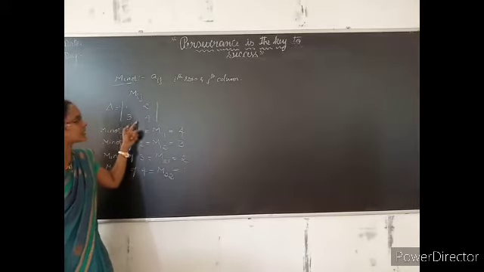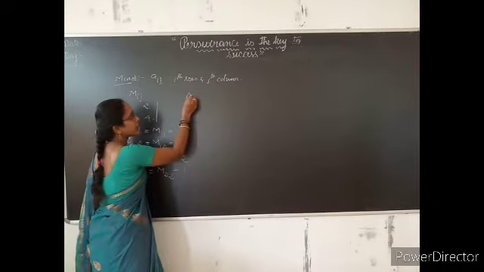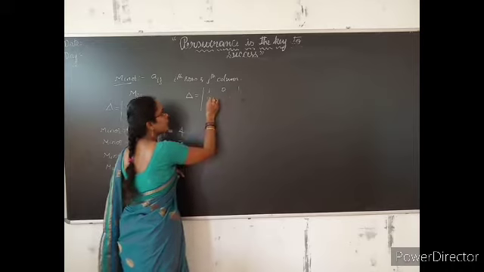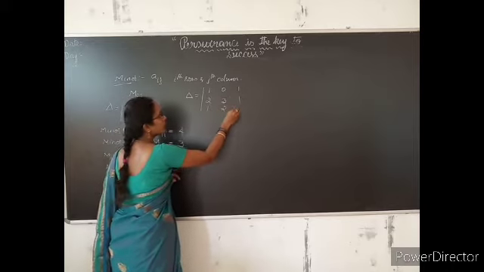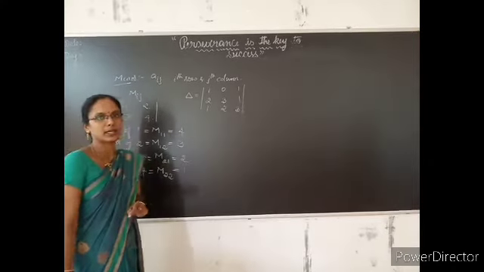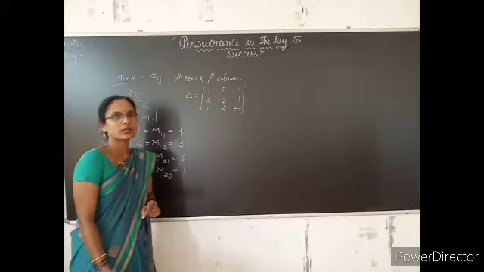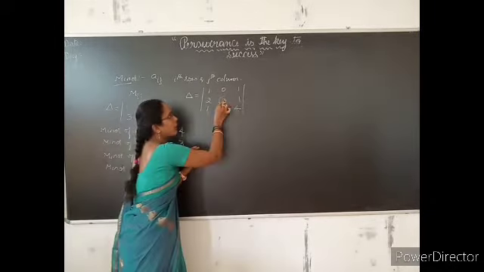So this is an example for a 2 by 2 determinant. Now I will consider a 3 by 3 determinant. Suppose delta is equal to the determinant with rows 1, 0, 1; 2, 3, 1; 1, 2, 4. Now I will find the minor of the element 3.